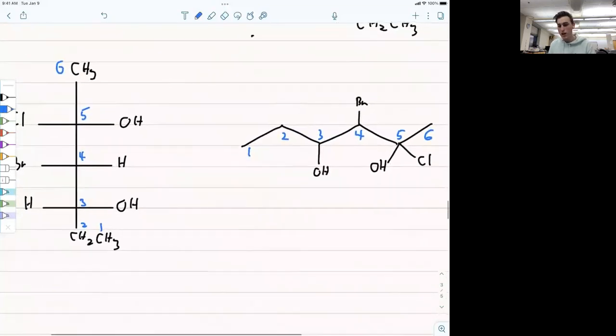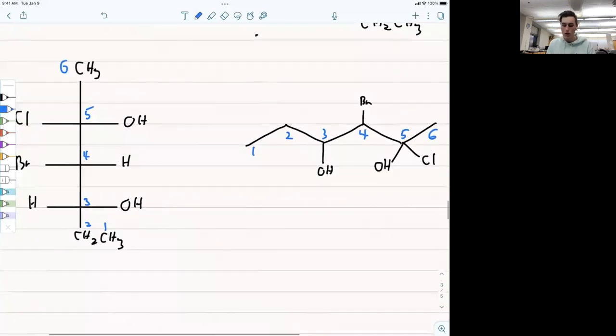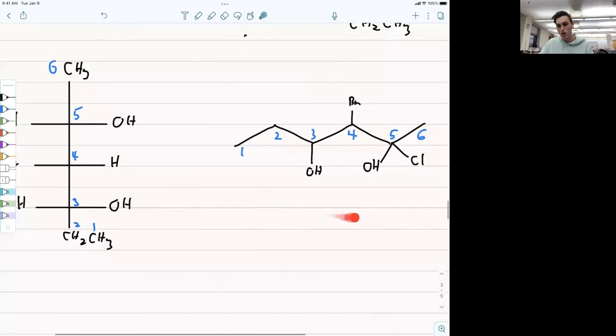So I want to make sure that I keep that consistent as I'm moving from my Fischer projection over into my hexane chain. And this is kind of a hard thing to figure out. I'll wait a few more seconds to see if anybody has any guesses.